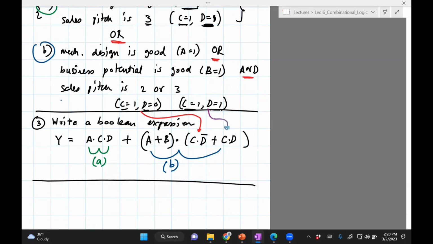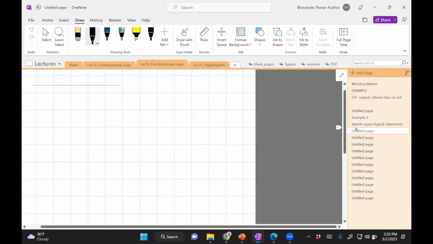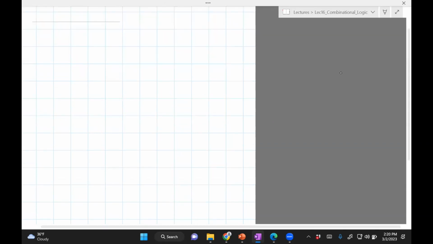Okay, so the final step is to simplify the Boolean expression. So let's try to see how we can simplify this. I'll copy this to the next page and then try to simplify it. So the fourth step.